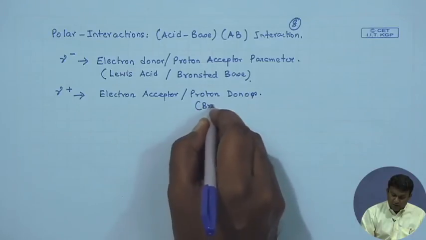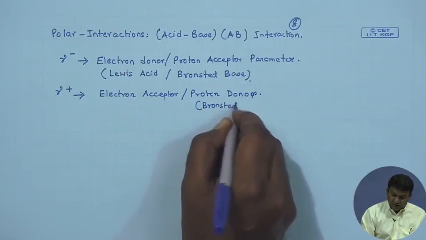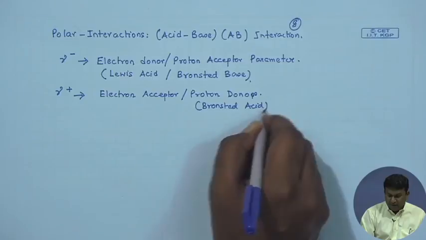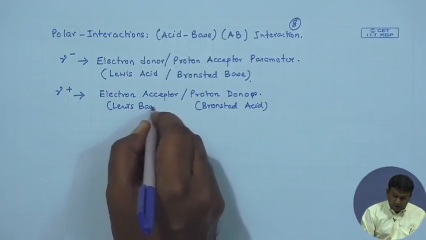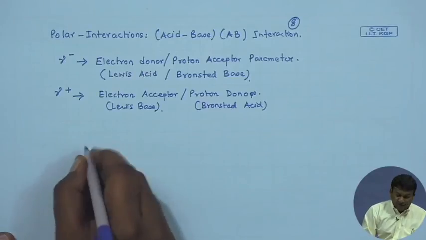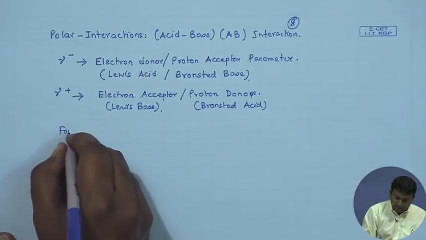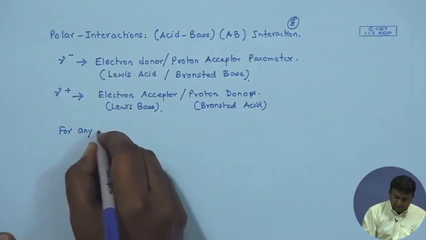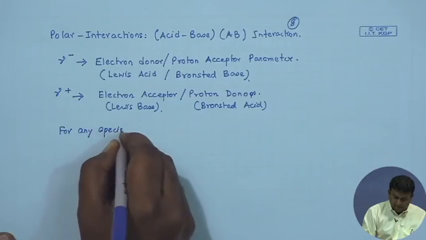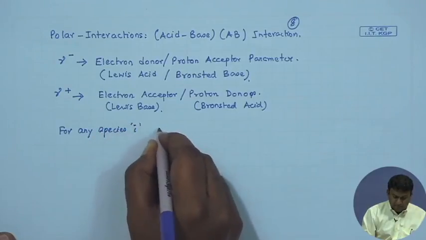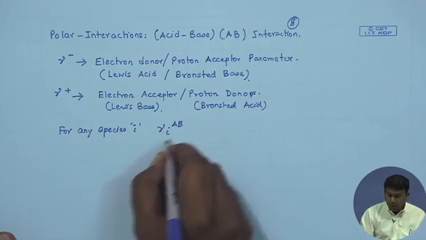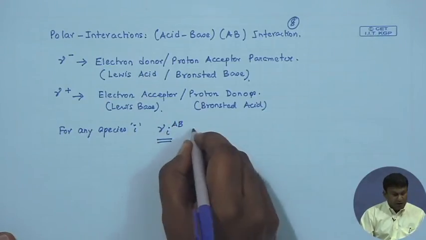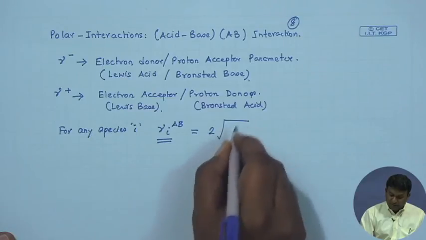So, it is going to be the Bronsted acid and Lewis acid. And for any species i, gamma i AB, the polar component of surface tension, is this.